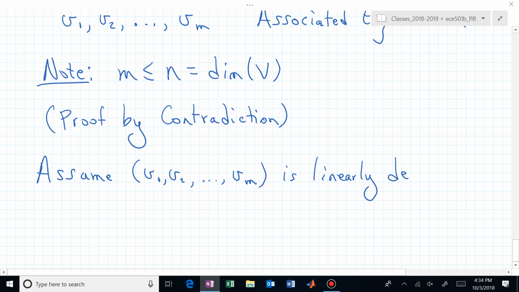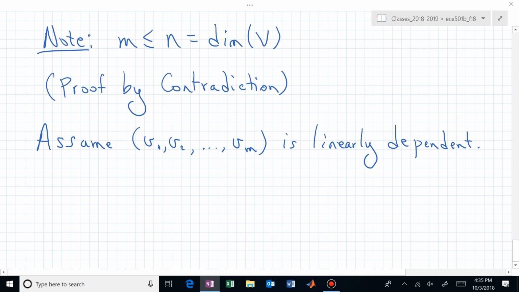I'm assuming not B. So I'm assuming that those m vectors are linearly dependent. That means at least one of those vectors can be written as in the span of the others.